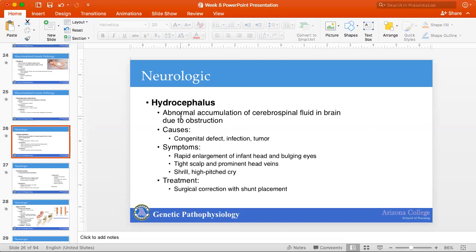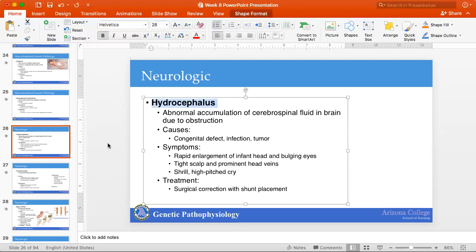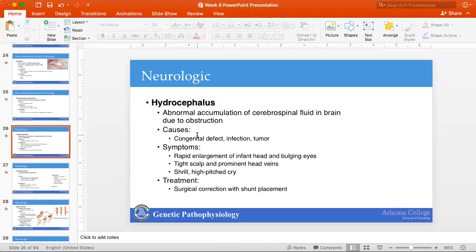This same thing happens with adults, but because our skulls are calcified and solidified, this would just increase the intracranial pressure. So there wouldn't be this dramatic physical appearance, but it would still be dangerous. The same with the increase of the intracranial pressure.